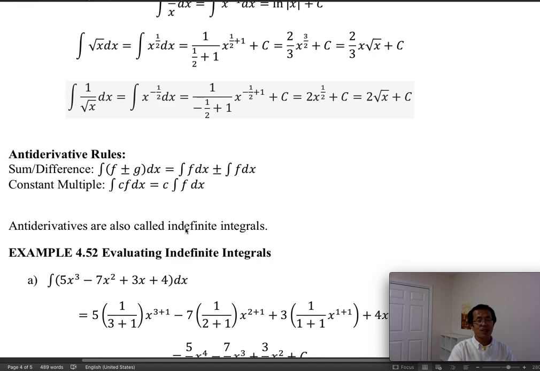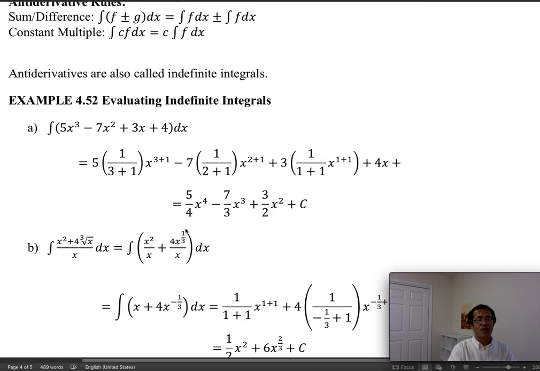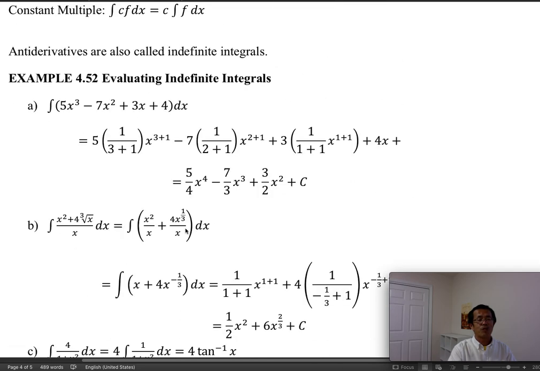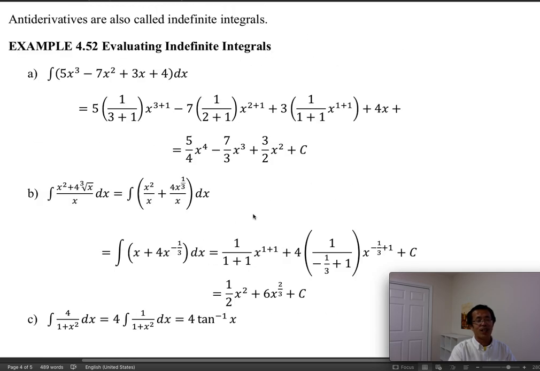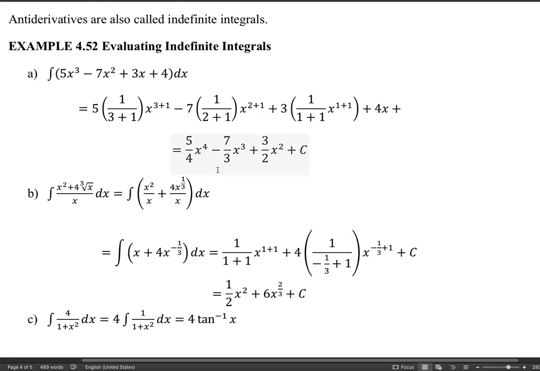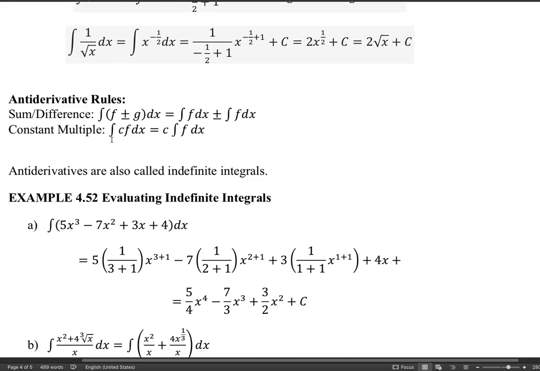I'm still using the examples in the textbook. Example 4.52, parts A, B, C. Actually, there's part D. So let's take a look if we can handle them easily. Part A, actually, another small thing to mention. In the beginning, I said antiderivatives are integrals, but more accurately, we consider antiderivatives as indefinite integrals.